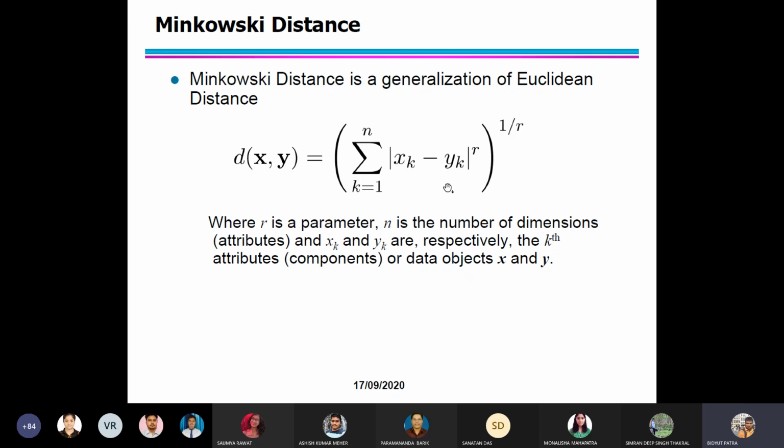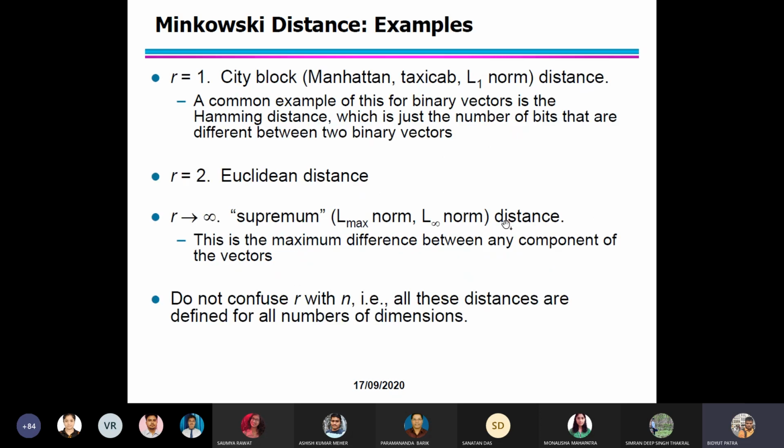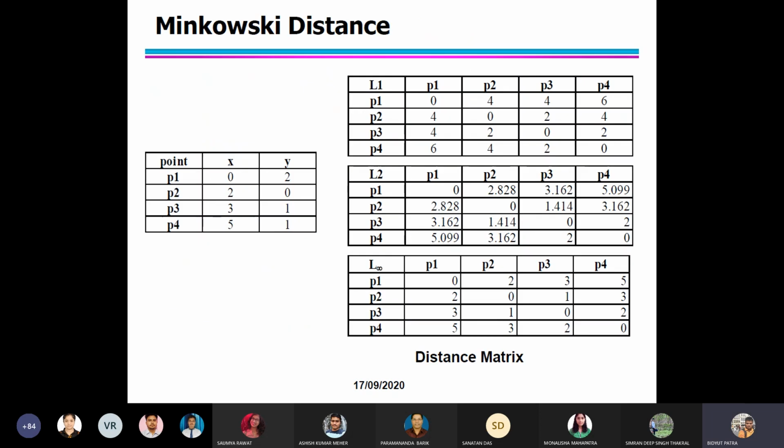It is defined as the maximum difference between any component of the vectors. For any dimension, you take the maximum of all the others, and that value will be the L infinity. Now for P1 and P4, the absolute difference is 5 here and 1 here. The higher is 5, therefore the L infinity norm will be 5.